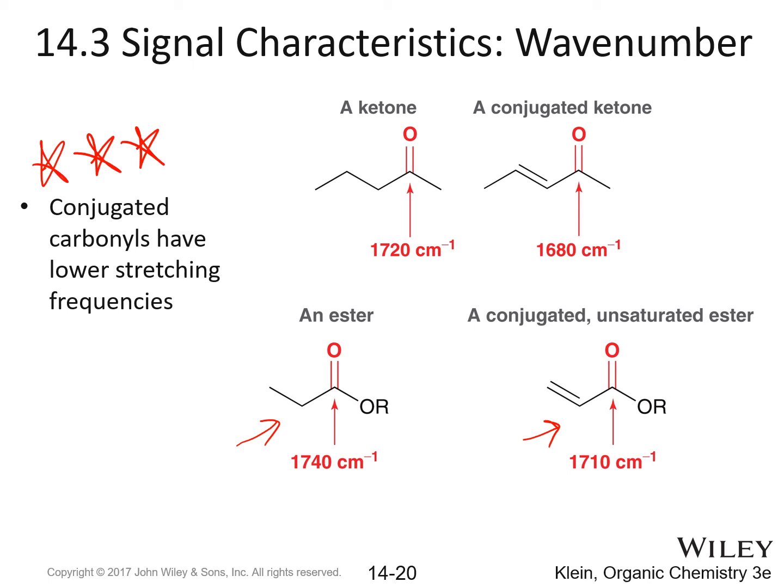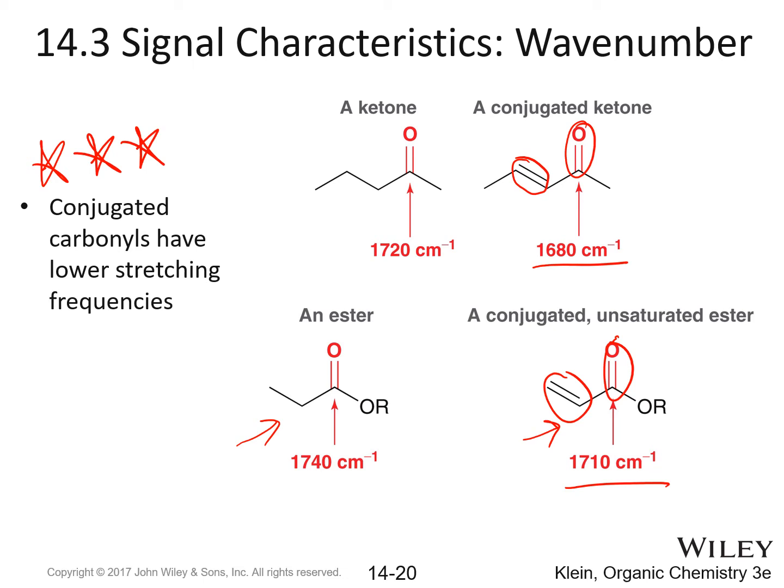Anytime you see a carbonyl, single bond, and then a double bond on the next carbon-carbon, it will be conjugated, alternating single and double bonds. So we're looking for a conjugated system, and we need to know that it will lower the stretching frequency.